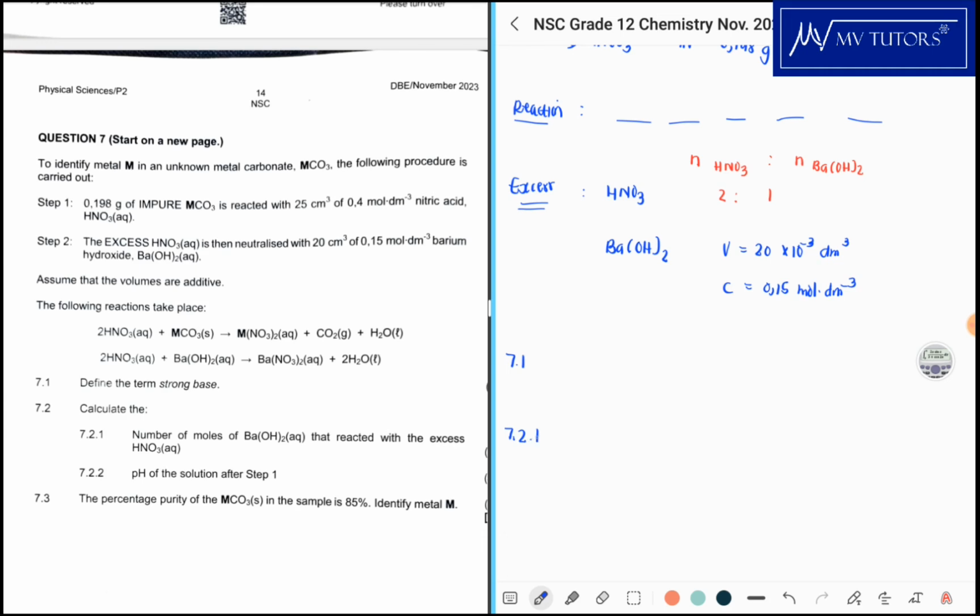7.2, point 1: calculate the number of moles of barium hydroxide that reacted with the excess nitric acid. Firstly, concentration is equal to number of mole over volume. Therefore, the number of mole for the barium hydroxide is equal to the concentration times the volume. We know the concentration, it's 0.15, and we know the volume, it's 20 times 10 to the power negative 3.